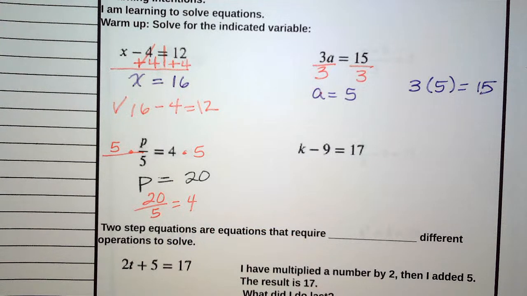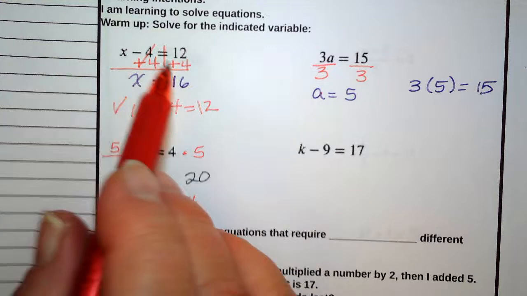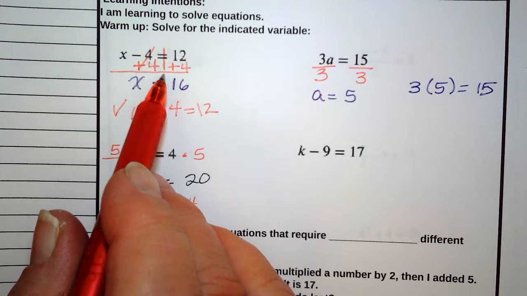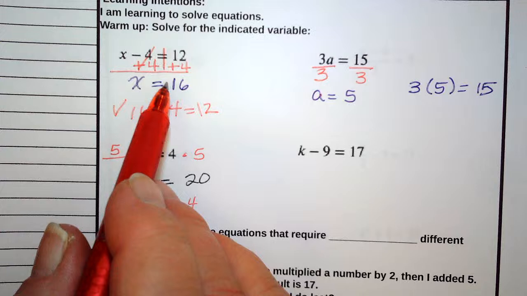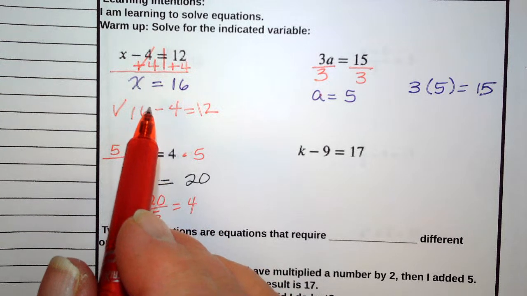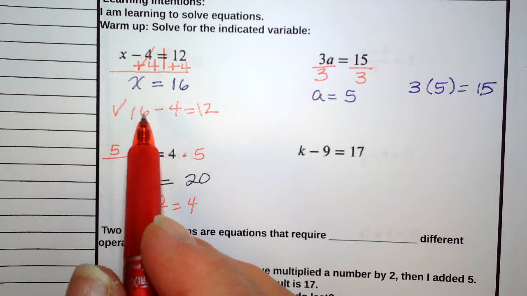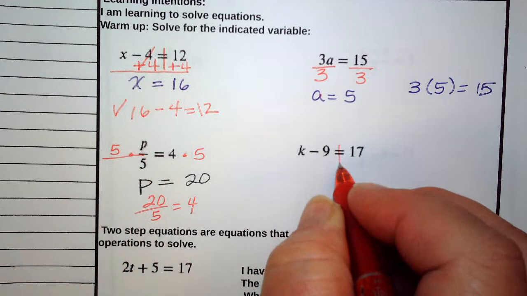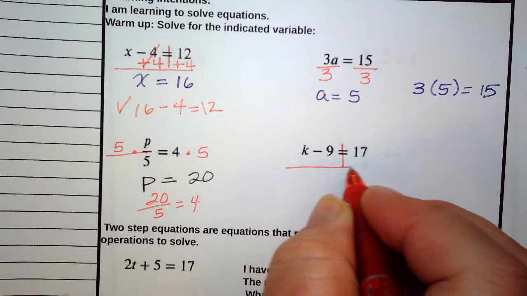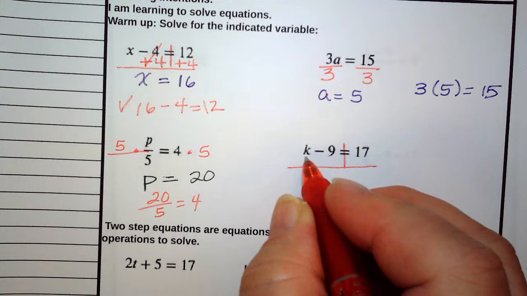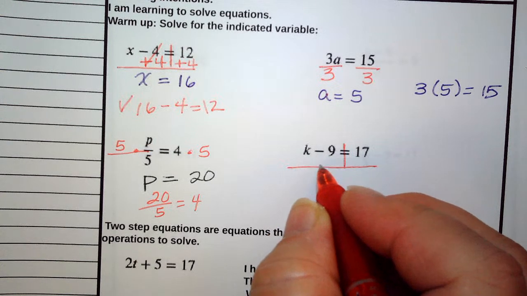Once again, if I'm adding or subtracting, I want to do the double lines, and I will continue to use the line down the middle of the equal sign until I get done. With one-step equations, there's only one step, and we don't have to continue to use it. Through the equal sign, enough room to write underneath. Keep your column straight. K minus 9.